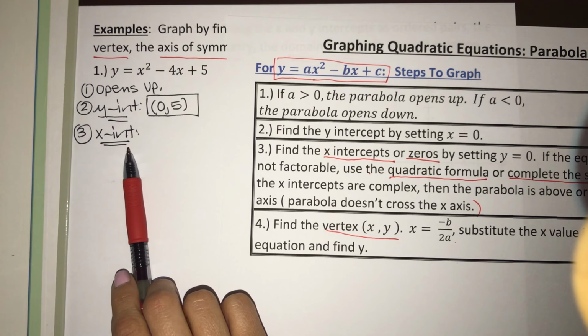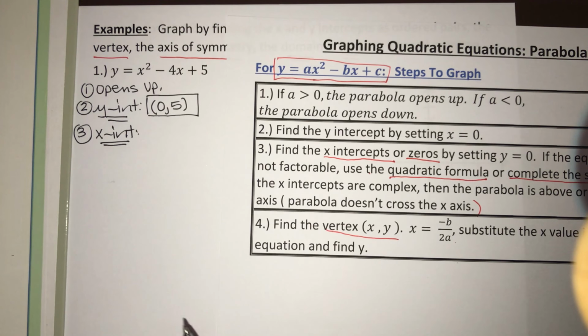The third step, we need to find the x-intercept. To get the x-intercept, you set y equal to 0, and we have to solve a quadratic equation just like we did in previous videos. We can factor, use the quadratic formula, or complete the square.